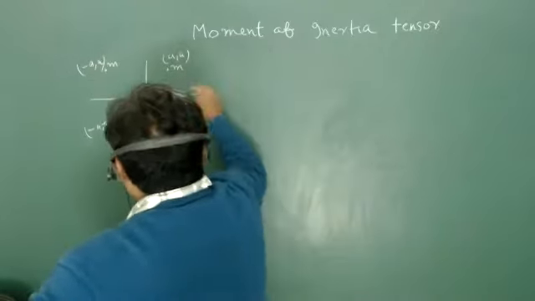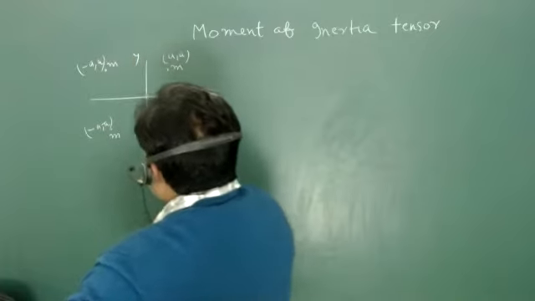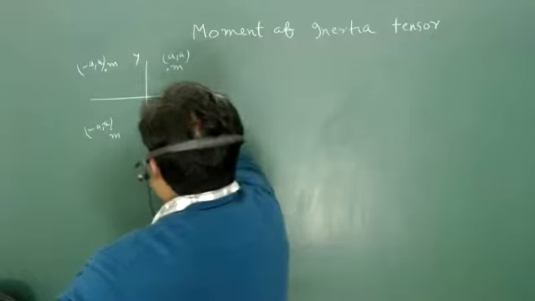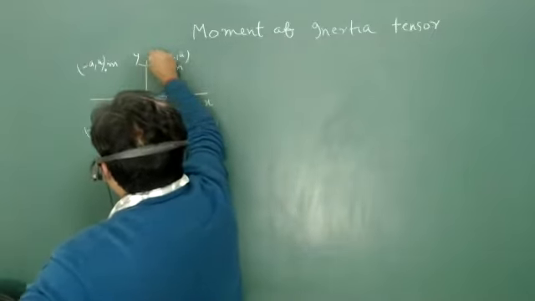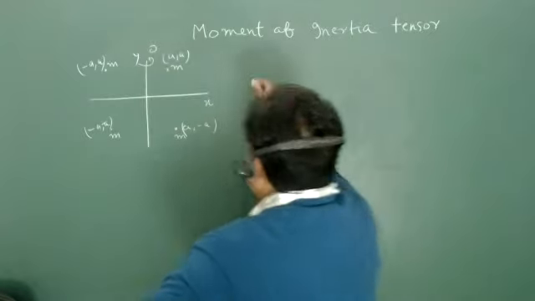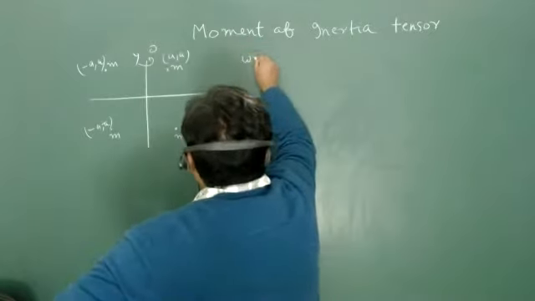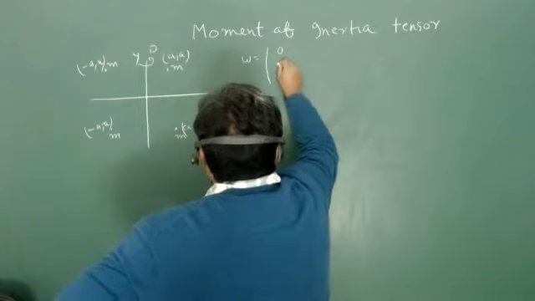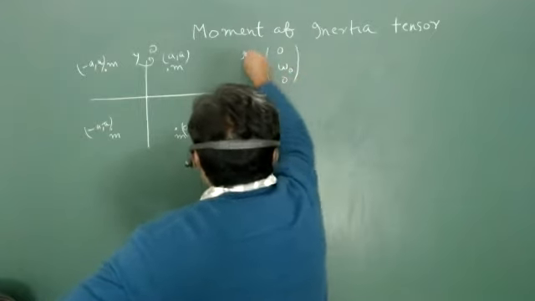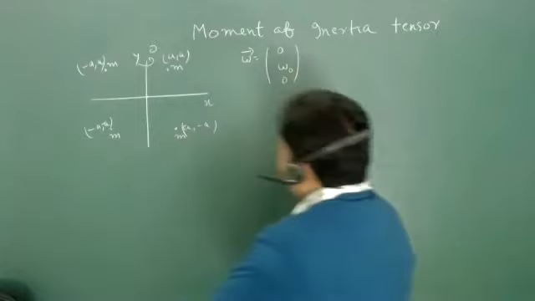So this is x, this is y, and the whole system is rotated about the y axis. The whole system is rotating about the y axis with angular velocity omega, and omega is given as, let's say, (0, omega not, 0). This is your omega vector.